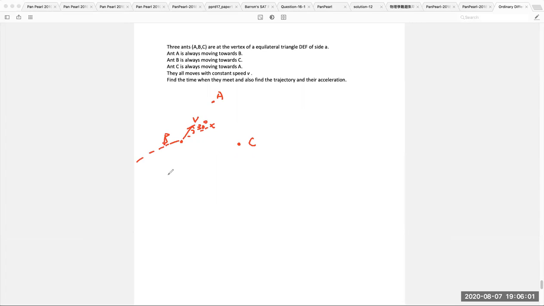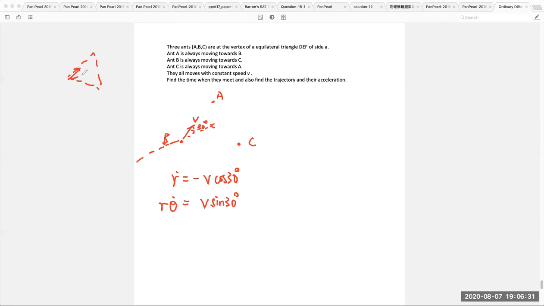That means r-dot is negative v times cosine 30 degrees. Is it always towards the center, like the component? Yeah, because they always form a triangle by symmetry.